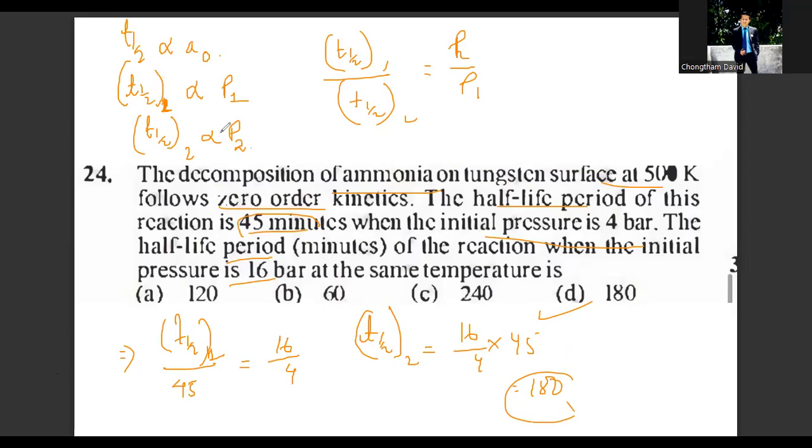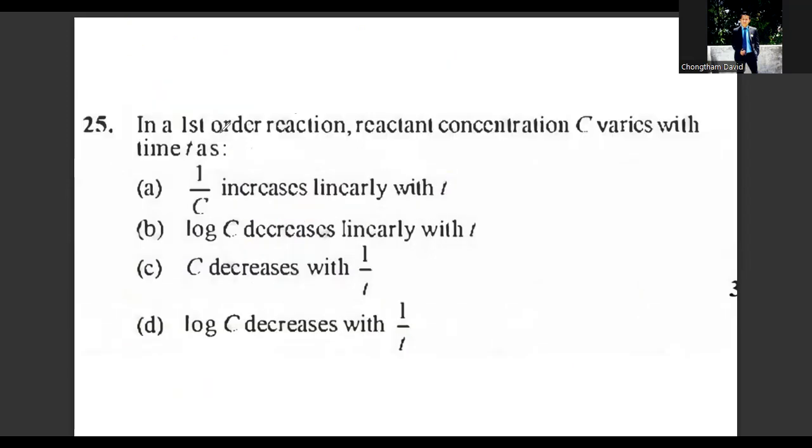In a first order reaction, reactant concentration C varies with time t. If you can recall, the graph would look something like this, right? According to the slope intercept equation, y equals mx plus c, this is the slope.